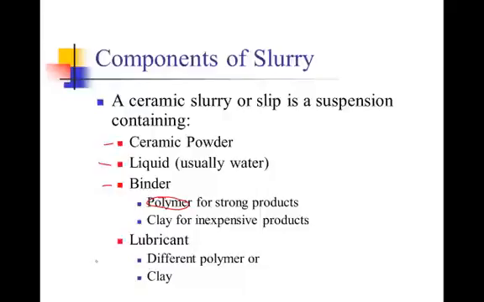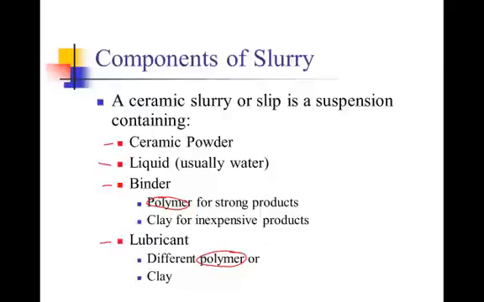And then we also, if the slurry is going to be injected into a mold or pressed into a mold to take its shape, we'll need to have some type of lubricant included, and that could also be a polymer material in the case of more expensive products.